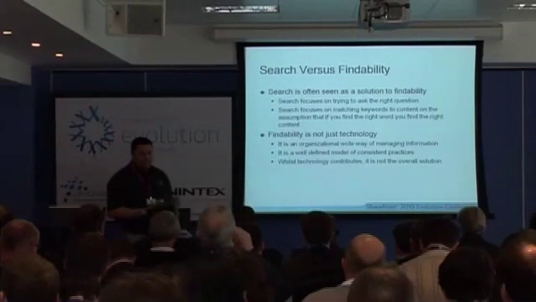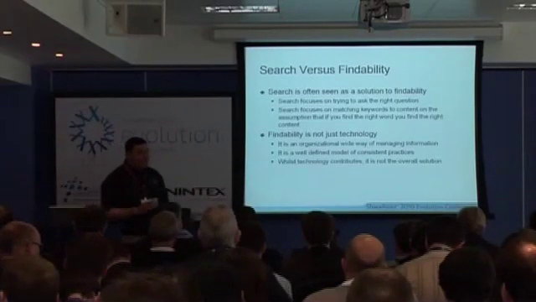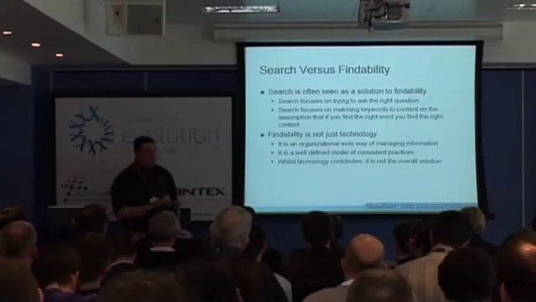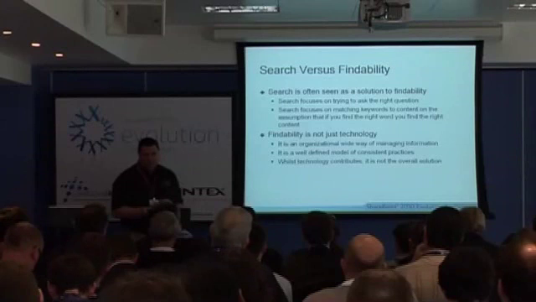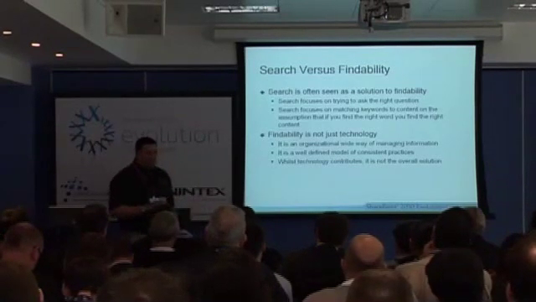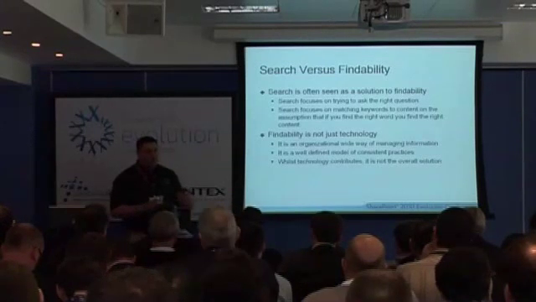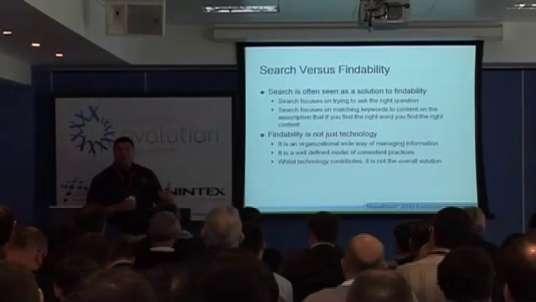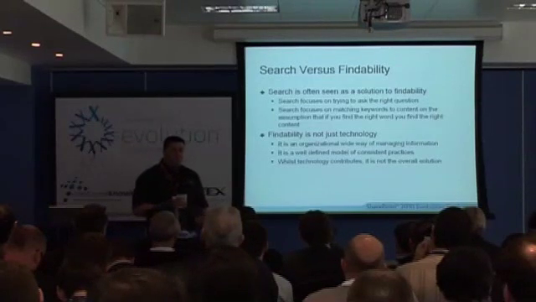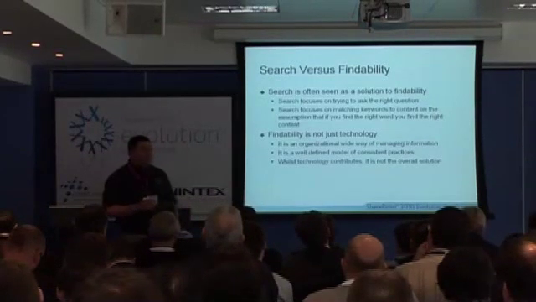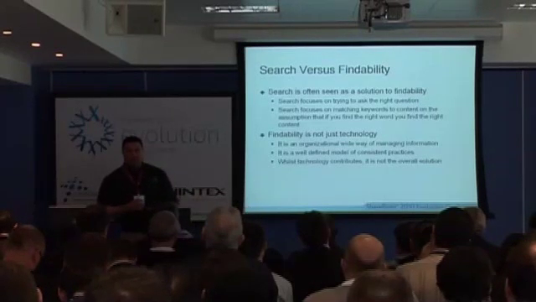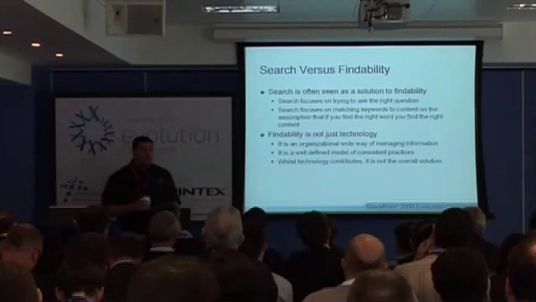Unless we have that metadata in place, all we're relying on is simply the contents of those documents. And if we rely just on the contents, chances are what we'll get when we search is not only the document that we're after, but also 100 other documents that match that content. And now how do we know which is the right one? How do we know from that search results which is the document that we actually want?